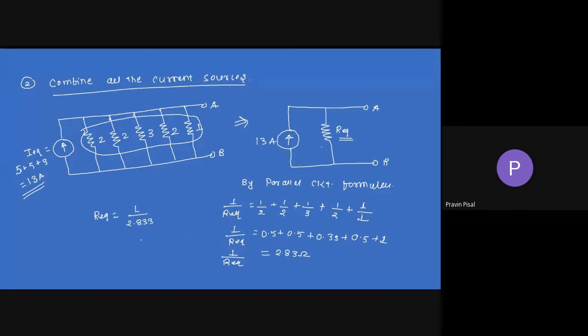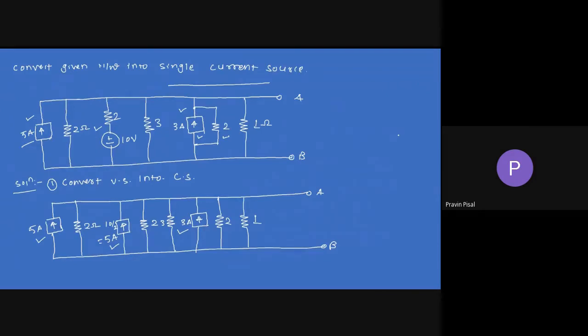So R equivalent comes out to be 0.353 ohm. So in that way, we have found the last answer. So this value is 0.353 ohms.